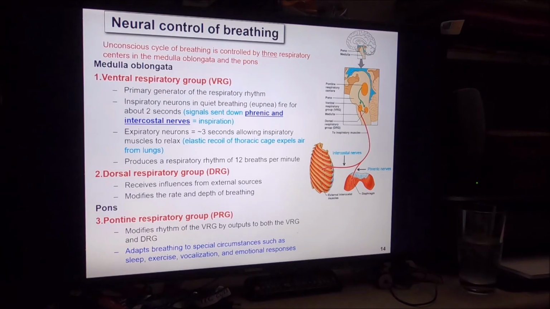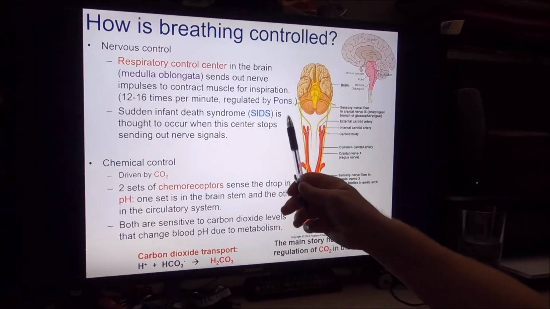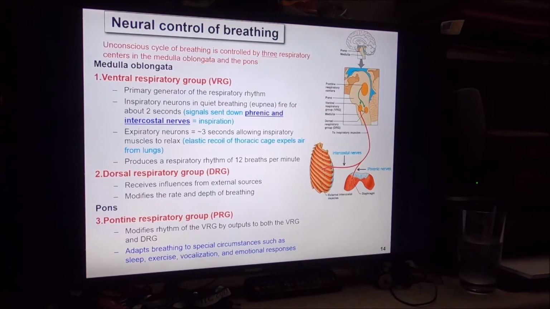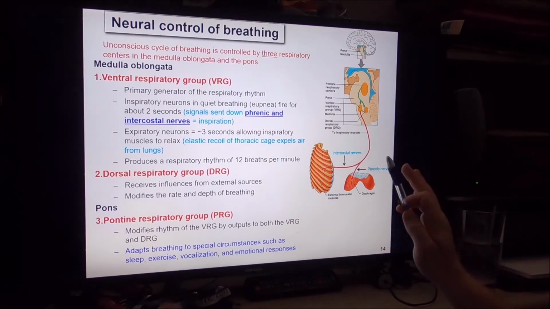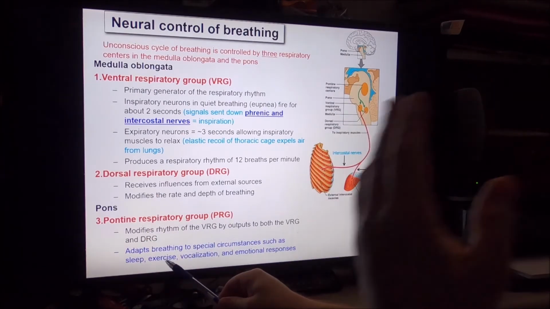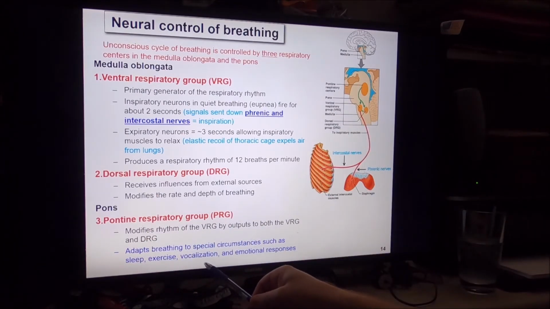Now, what the heck does the pons do? The pons sort of assists in the process here. One of the things that makes the pons and its pontine respiratory group neat is it helps us adapt to special situations. When you're asleep, you can change your breathing rates. When you exercise, you have to increase your breathing rates. When you are speaking, you have to change the way that air is exiting.